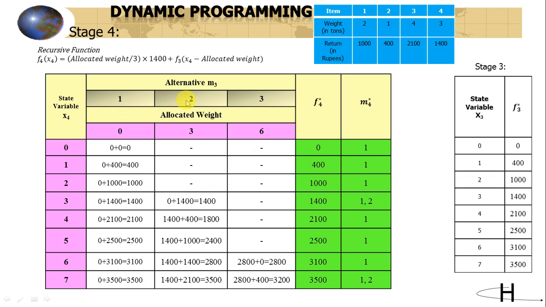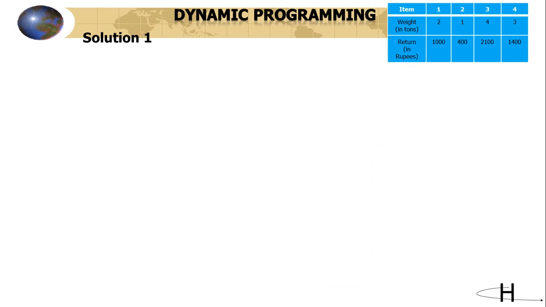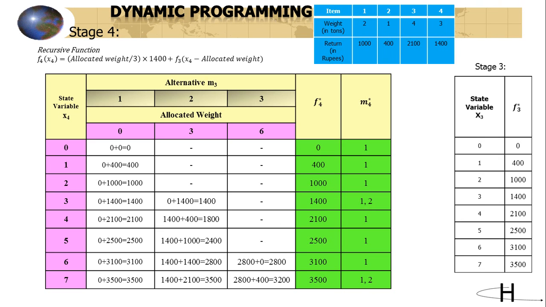Now, once stage 4 is completed, the next task is determination of the loading of the item to optimize the return value. Here, when we see the alternatives 3 and 7, there are two best alternatives.